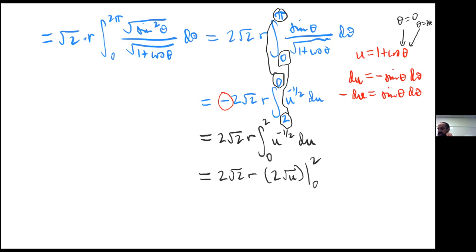If I plug in u equal to 0, I don't get anything. But if I plug in u equal to 2, I get 2 square root of 2. So this is going to be 2 square root of 2 times r times 2 square root of 2. So what do we get? 2 times 2 is 4, times the square root of 2 times the square root of 2 is another factor of 2, which gives me 8 times the radius.